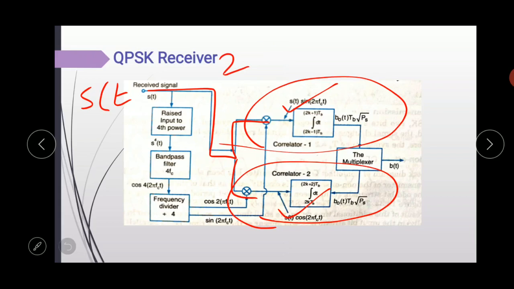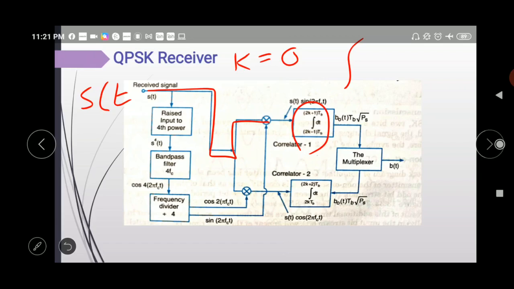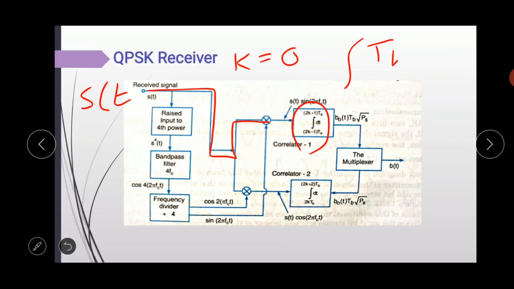Here the limits are given: 2k minus 1 into TB, then 2k plus 1 into TB. So when k equals 0, the upper limit is TB and the lower limit is minus 1 TB.